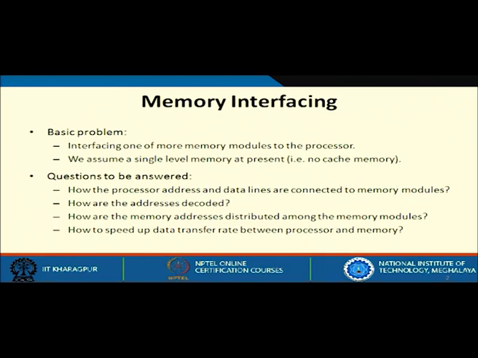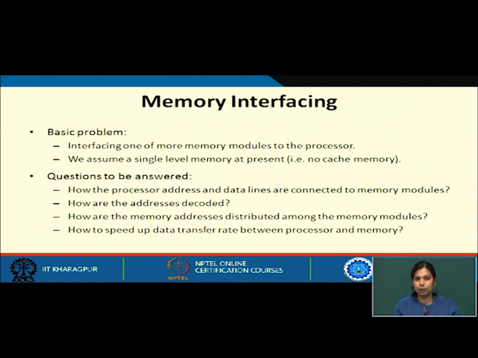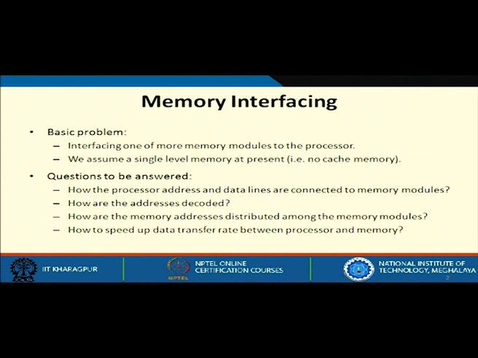The question to be answered here is how the processor address and data lines are connected to the memory modules, because now we will not be having one single memory chip, rather multiple memory chips to make that memory. How are the addresses decoded?